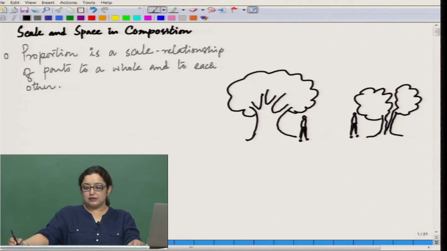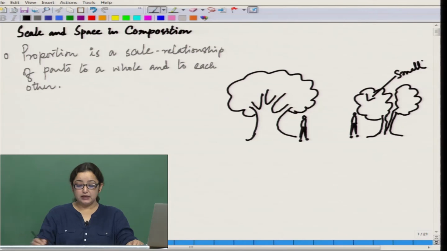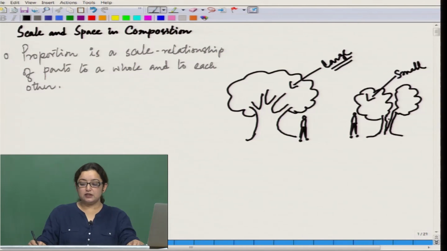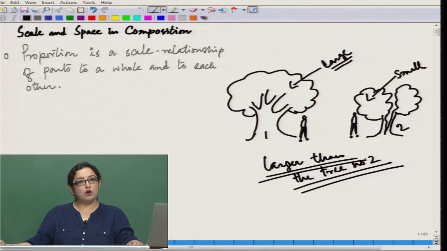That gives us the message that this tree is obviously small in size and the other one is large. And if it is large, then it is larger than the smaller tree. So, tree number 1 is larger than tree number 2. So, that is the relationship of a proportion.